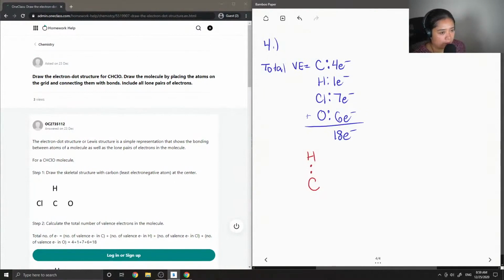So we have hydrogen, we have chlorine, and we have oxygen. So I'll first draw a single bond in between all of them. Fluorine has 6 valence electrons.